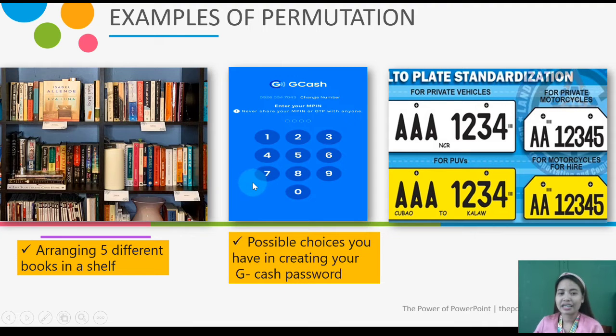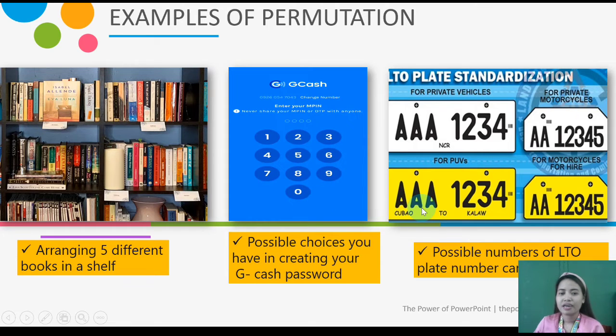I have a Gcash number, so I can use permutation to solve for the possible choices I have in creating my Gcash password. And also we have the possible number of LTO plate numbers that can be created. Those are the three examples used in real life situations that involve permutation.